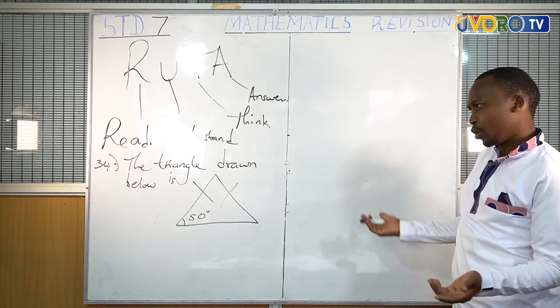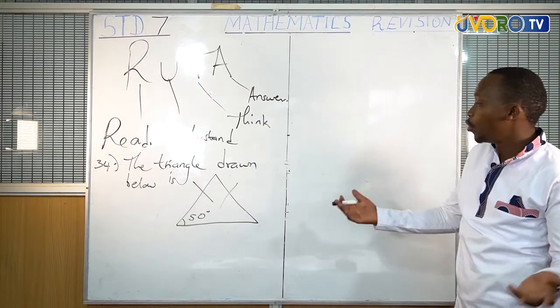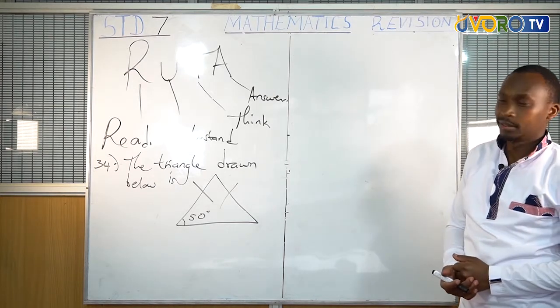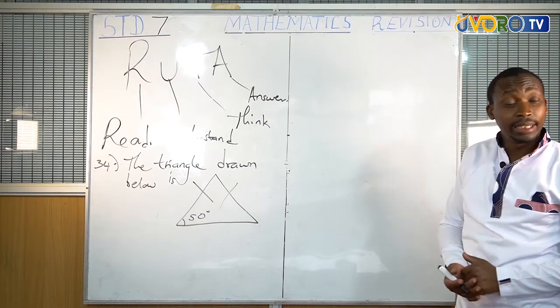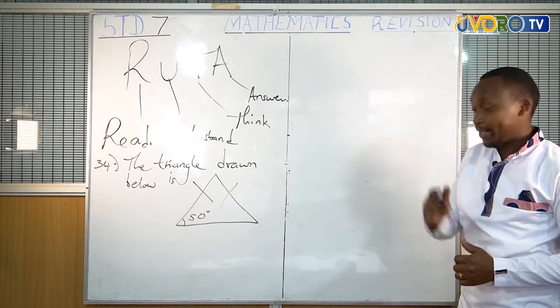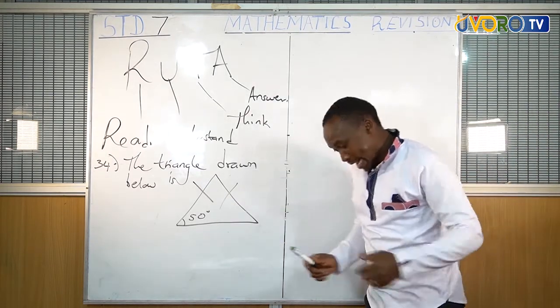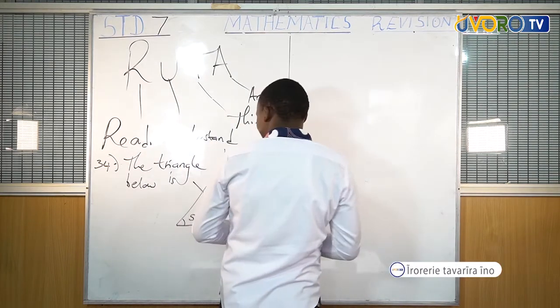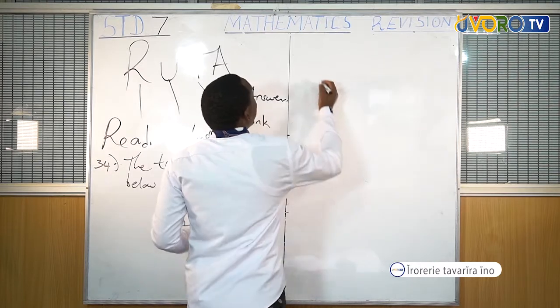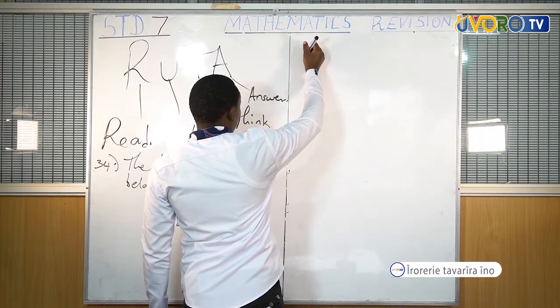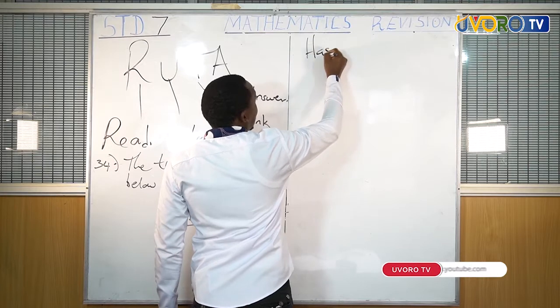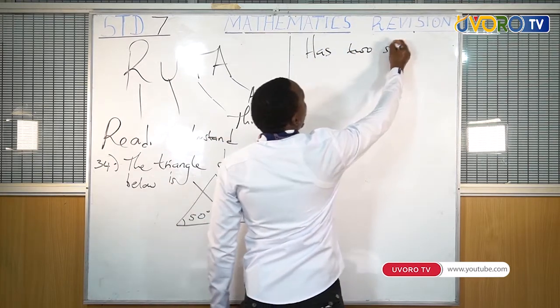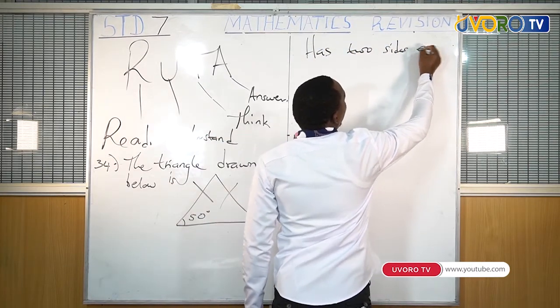Now, what are we supposed to do? What do you know about it? Yes, very good. We are told that this triangle has 2 sides equal.